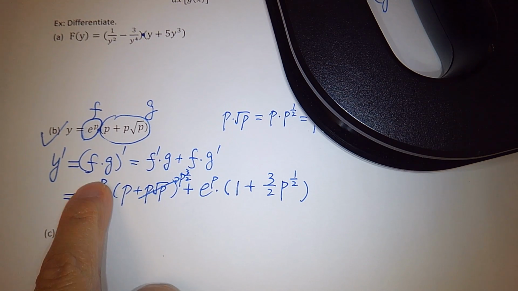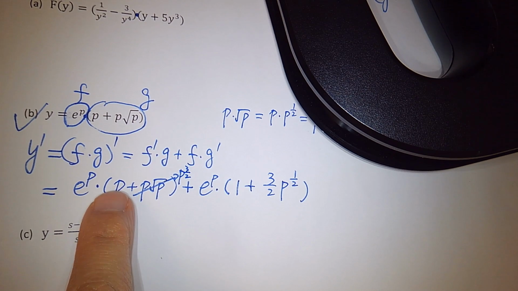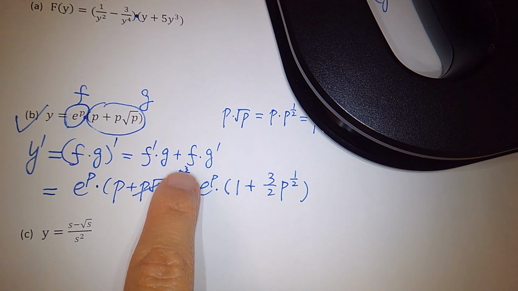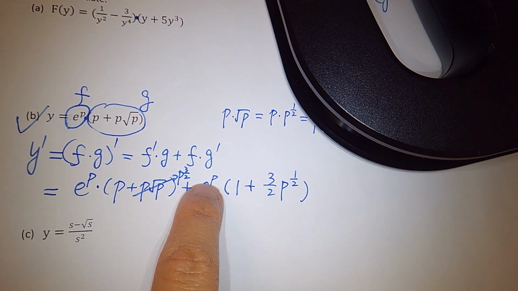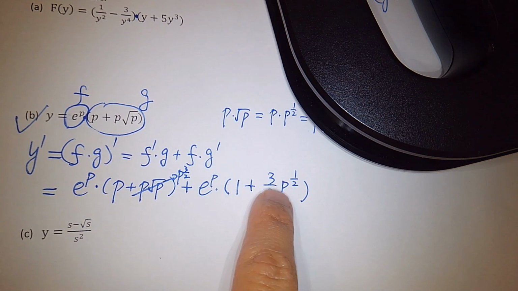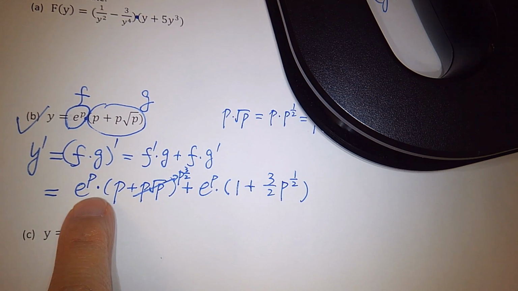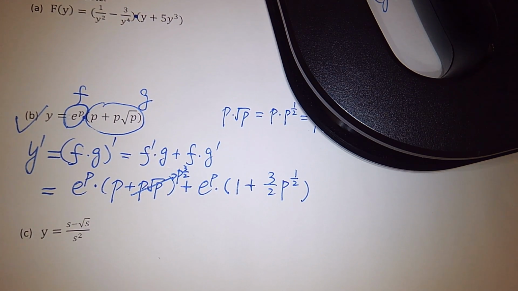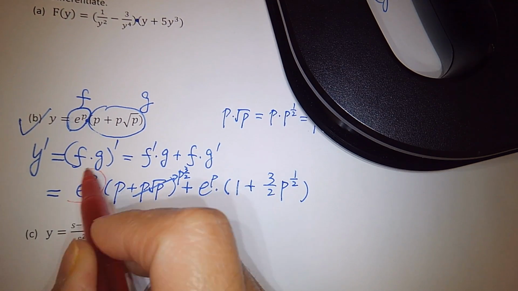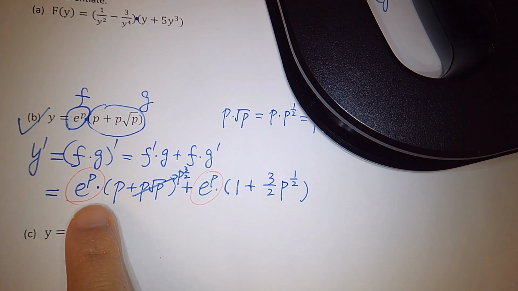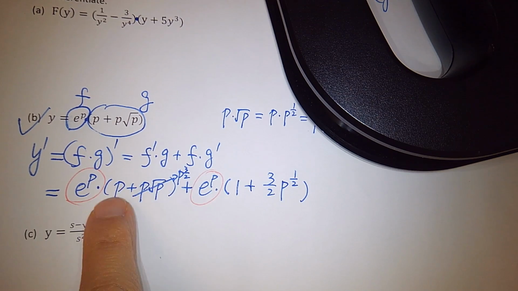So we have e to the p's power times p plus p to the 3/2, plus e to the p's power times 1 plus 3/2 p to the 1/2. So see this term and this term, what is this? Common factor, right?